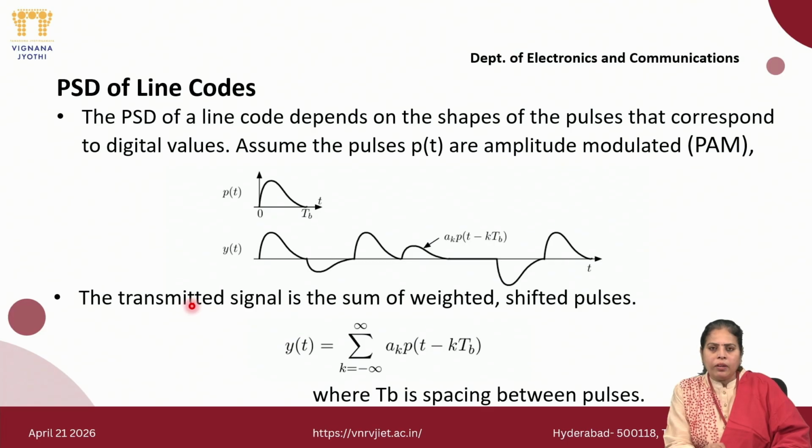If I have to represent the transmission of these values, 1s and 0s, in the form of an equation, the transmitted signal can look like the sum of weighted shifted pulses, wherein the transmitted signal y of t is represented as a summation of a_k p of (t minus k T_b), where the pulses can start from minus infinity to plus infinity, and the value of each pulse can be modified by a_k, that is our digital signal 1 or 0 that we intend to transmit, at different locations, wherein t equals k T_b, where I am assuming T_b to be the spacing between the pulses.